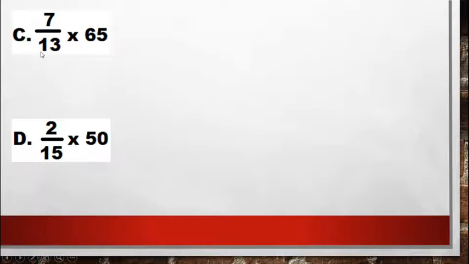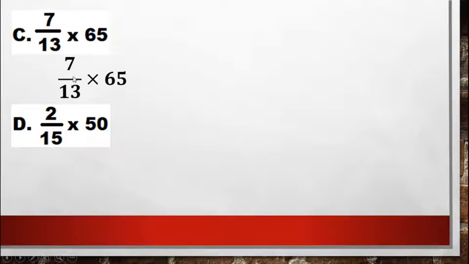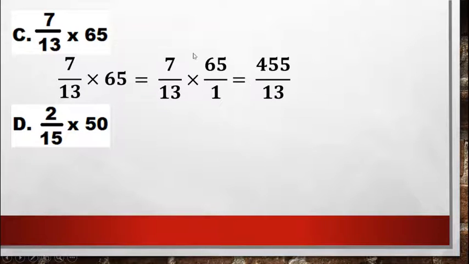We have 7 over 13 times 65. So we have 7 over 13 times 65 over 1. So we need to multiply 7 times 65, that is 455. 13 times 1, it's 13.